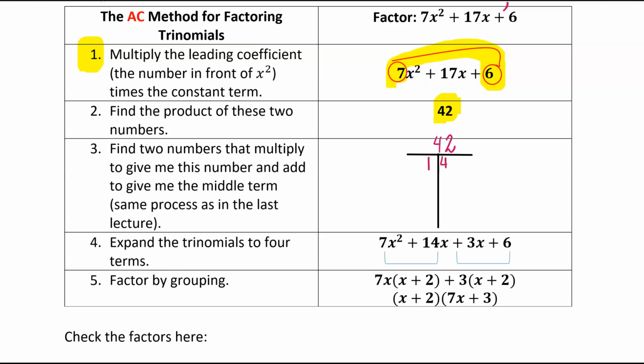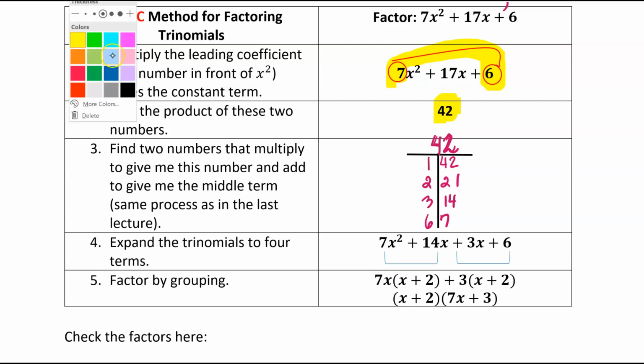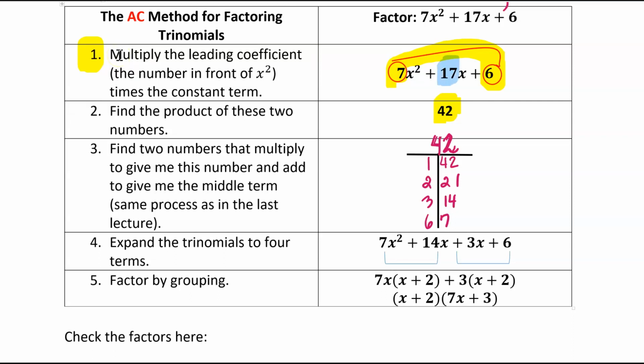We put 1 and 42, 2 and 21, 3 and 14, 6 and 7, because those are the factors of A times C. Now, this step also doesn't change. Which pair adds up to be the middle coefficient, or B? So we figure out that 3 and 14 works, right? Because 3 plus 14 is 17.